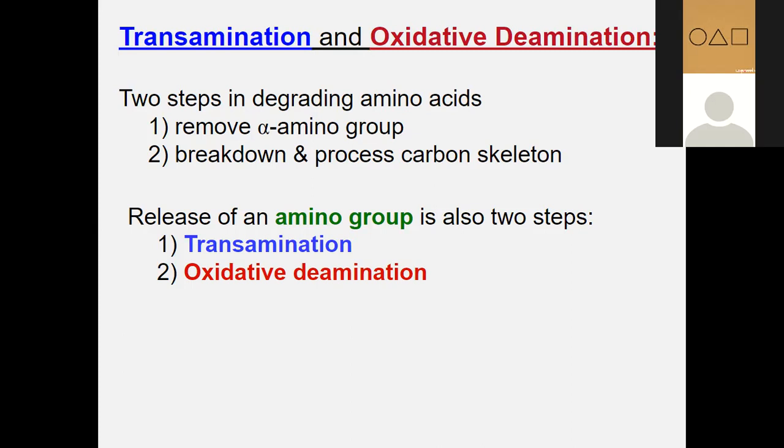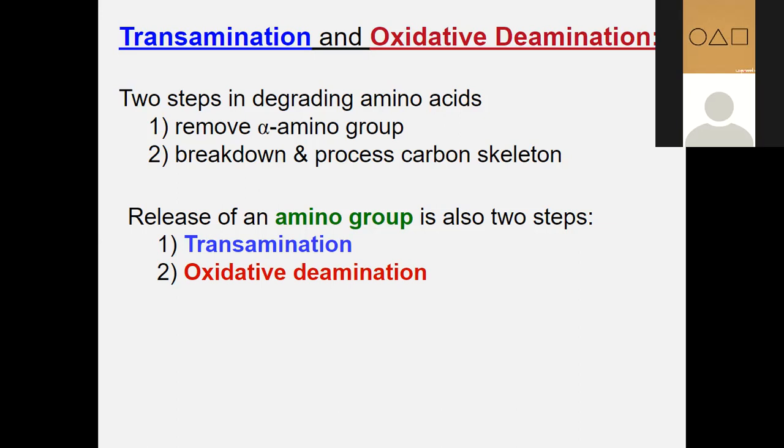So there are 2 steps in degrading amino acids. One is to remove the alpha amino group, because the buildup of this amino group is poisonous to the body. And then you eventually break down and process the carbon skeleton para magamit natin to make glucose through gluconeogenesis or some other processes.